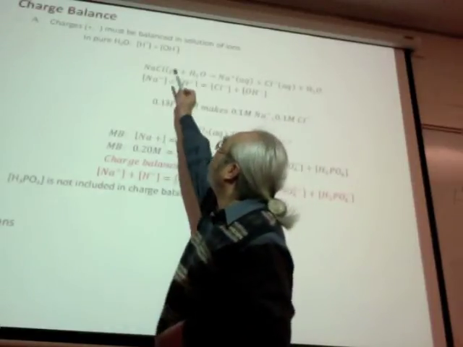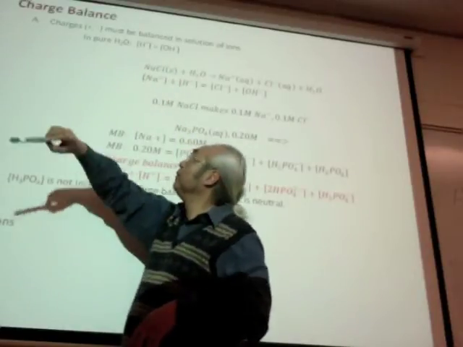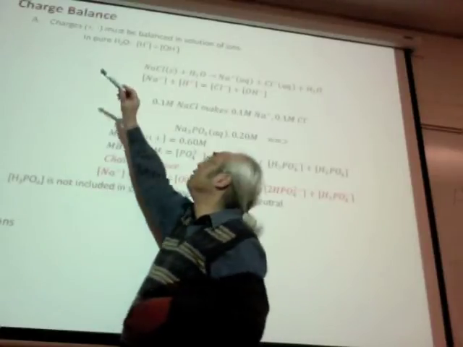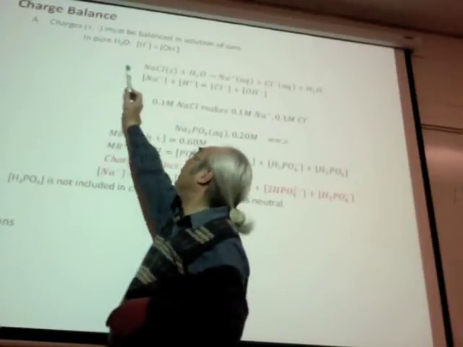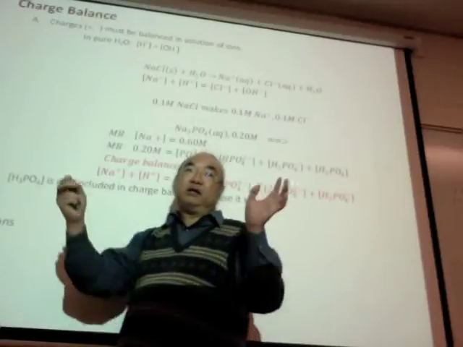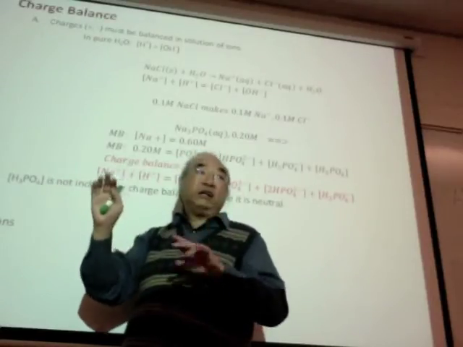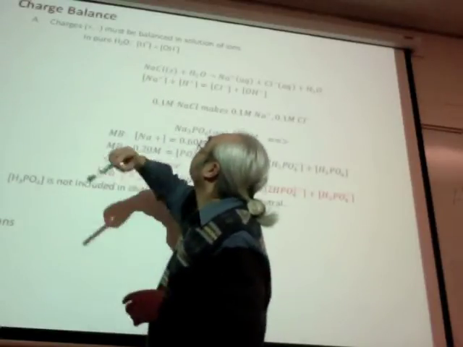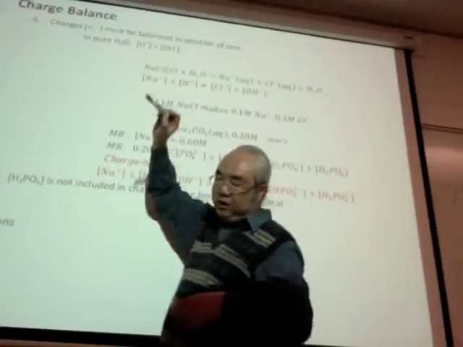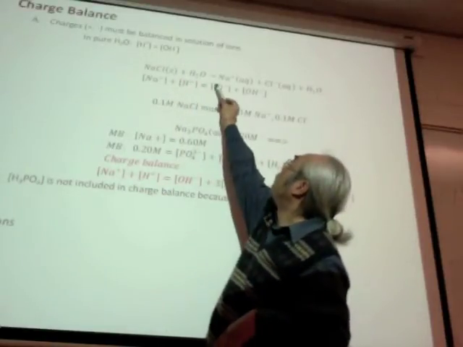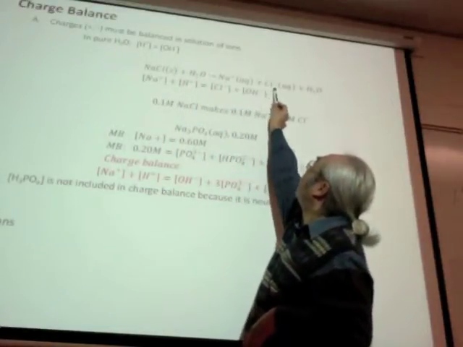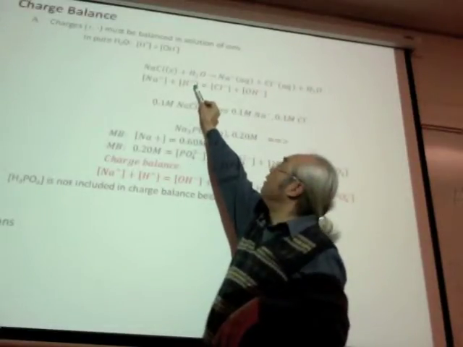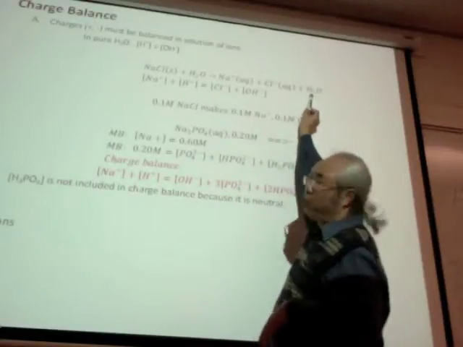Now notice, in pure water to begin with, you have 10 to the minus 7 of the cation as well as the anion. And they just balance out because they are exactly equal. Now, what about when you dissolve NaCl into water? Then you get cations and anions in addition to the original proton from water.